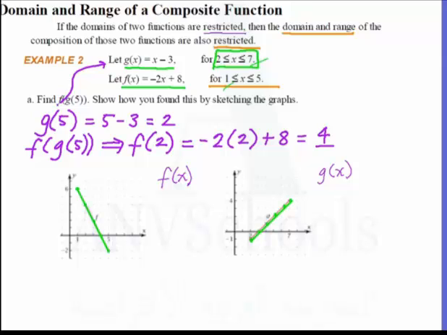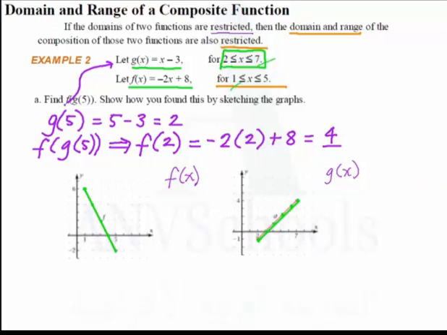Now, we're going to investigate whether our answers for g of 5, which is equal to 2, and our f of g of 5, which is equal to 4, correspond to what we get in our graphs of f of x and g of x.